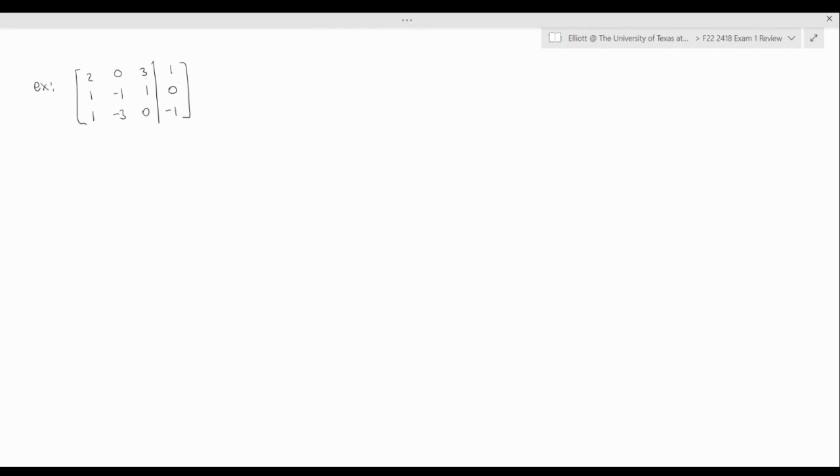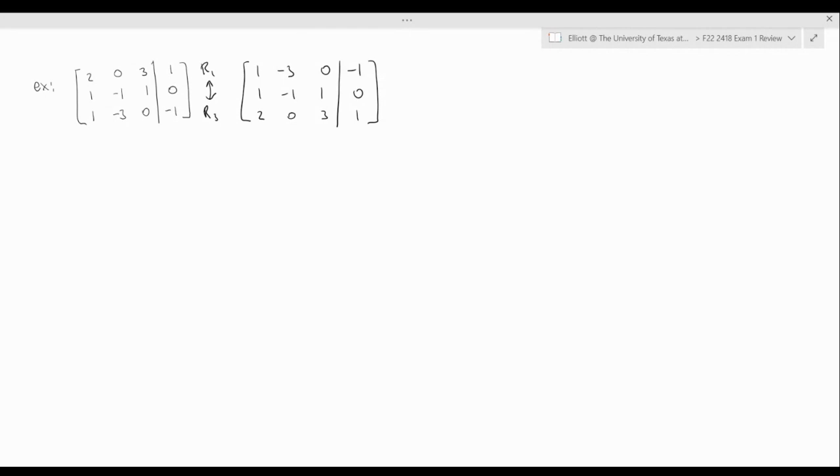It doesn't really matter. Maybe I'll take row 1 and row 3 and swap them. So that puts a 1 in the pivot position up top.